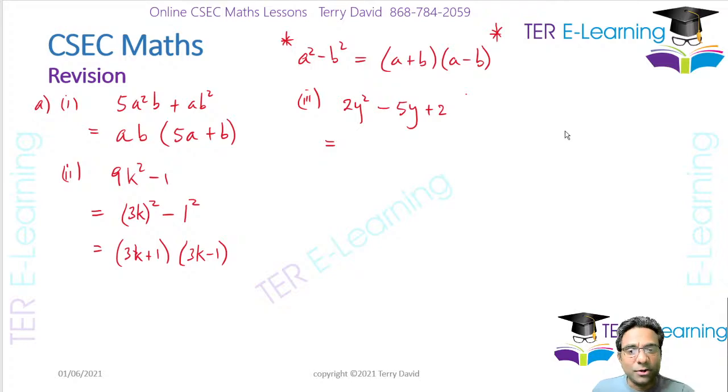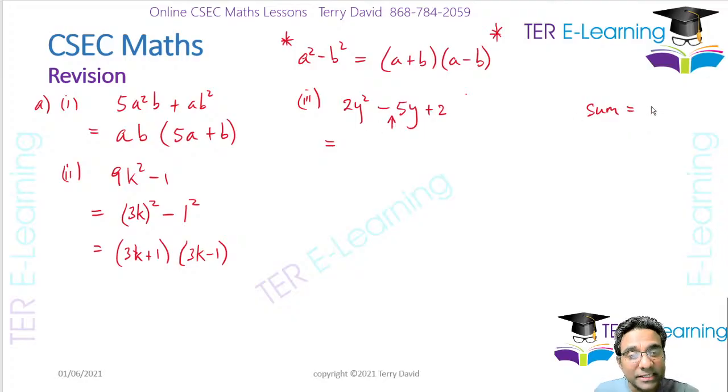Now, to factorize a quadratic, like I said, some students can just look at it and they can write down what the factors are. And that's great. So if you do this question in one line, you will still get full marks, right? But there are some students, they have a little challenge factorizing a quadratic. So here's what we're going to do. On the side here, I need to find two numbers whose sum has to be equal to whatever this number is here.